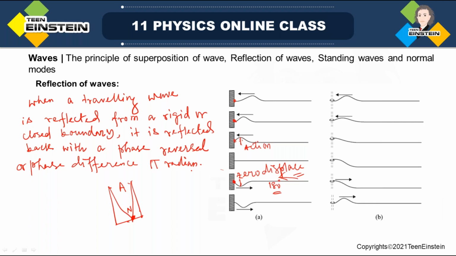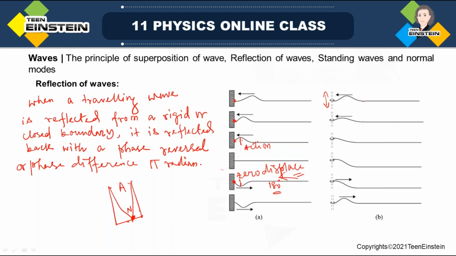Now we'll discuss another case, when the support is not that rigid. Look at this: there is a rod, and this is a ring with which the string is fastened, and this ring can move up and down frictionlessly, without any friction over the rod.